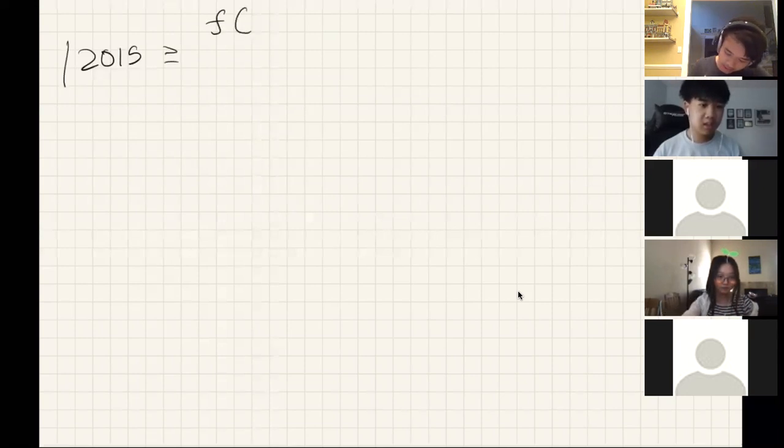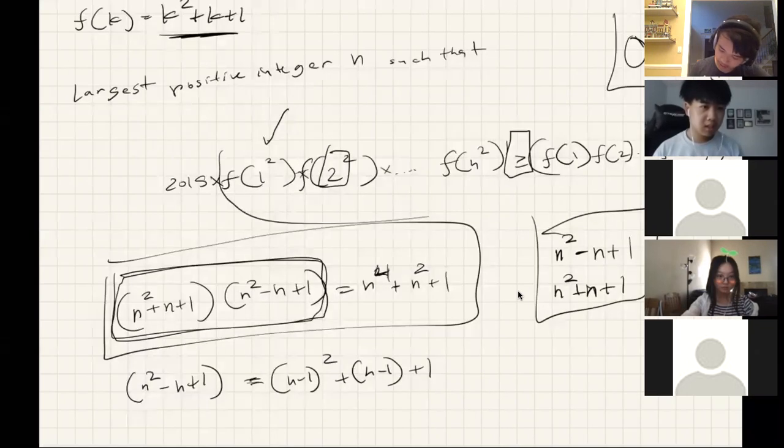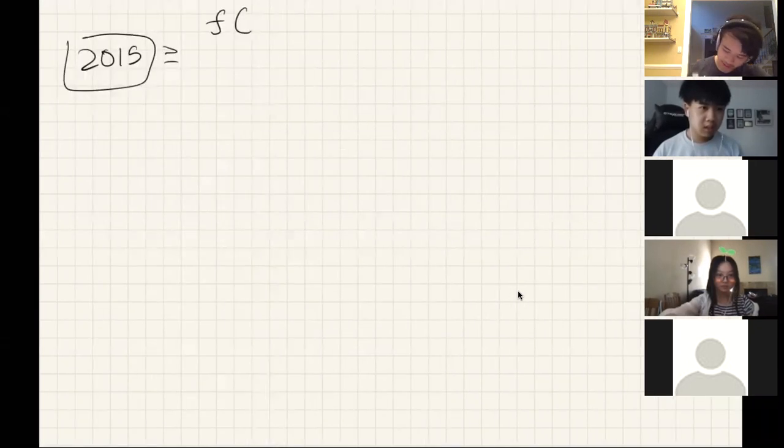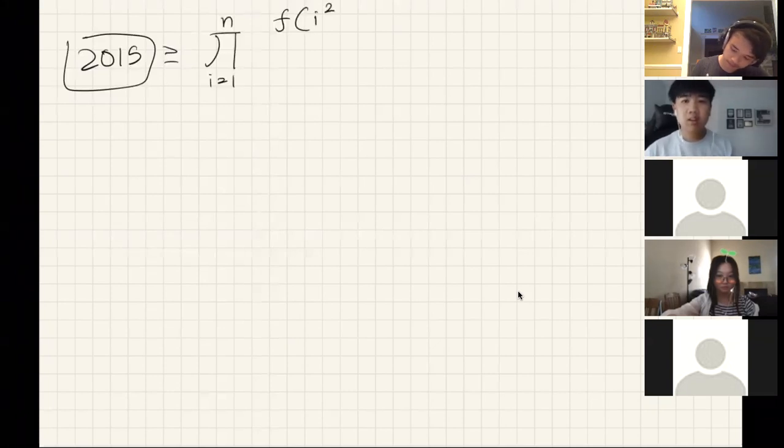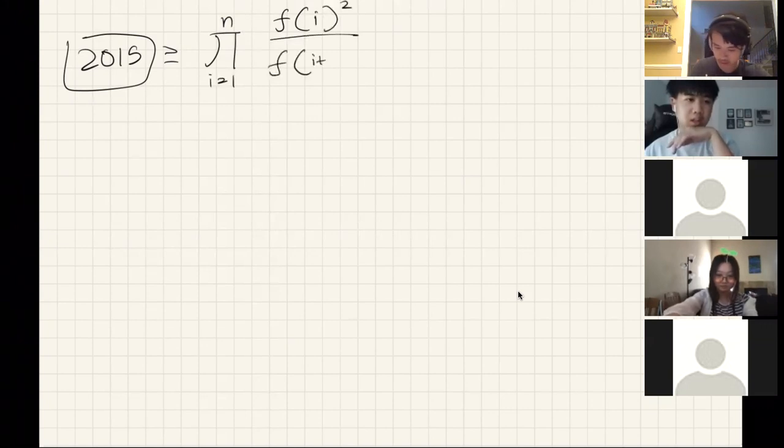So you just divide this part from both sides, and then you get 2015 is greater than or equal to, let me just write it in product notation, the product of i squared, right?